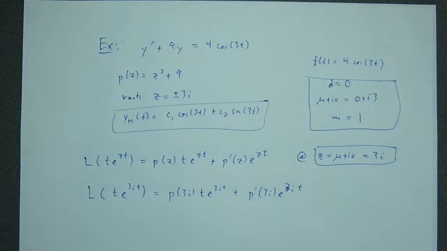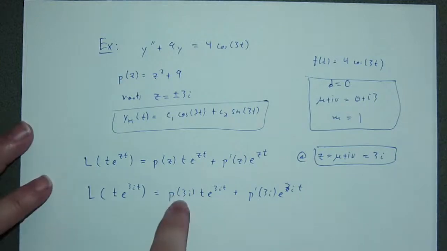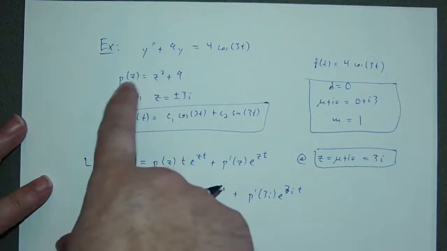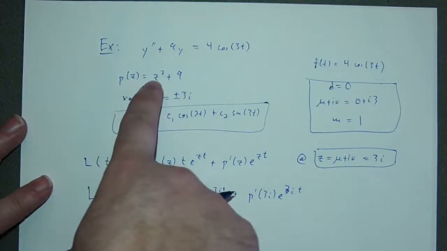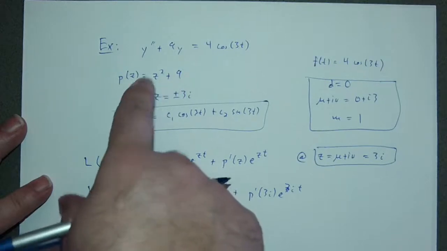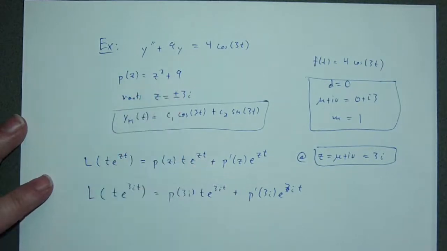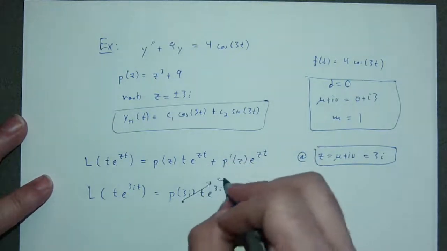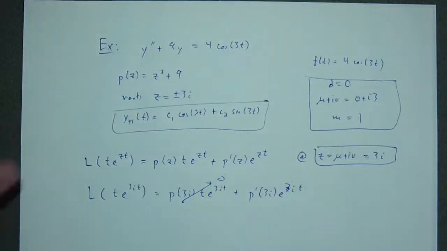Well, let's just hold our horses for a second. P of 3i, what is that? P of 3i is 3i squared plus 9, but 3i squared is 9i squared. So that's 9 times minus 1 plus 9. So minus 9 plus 9, that's 0. This is 0. What's P prime of 3i? Well, let's see.